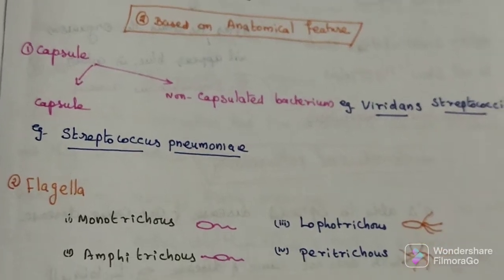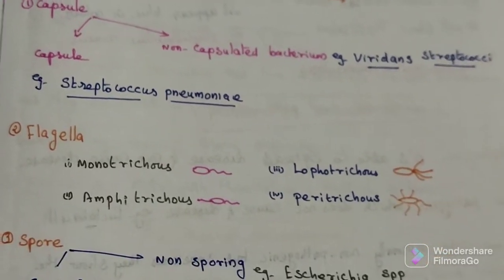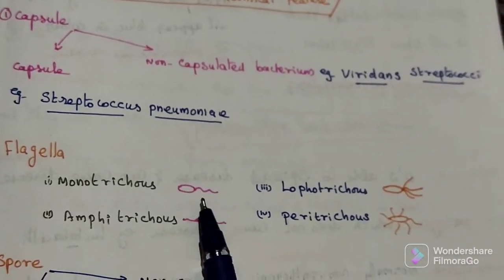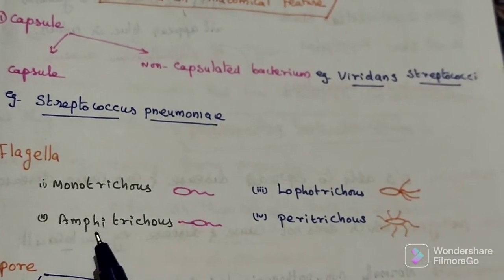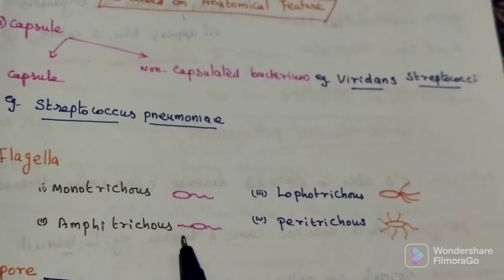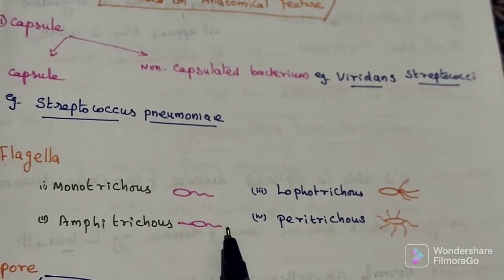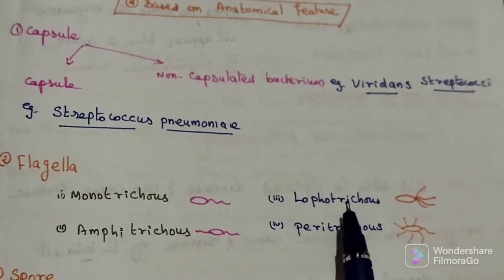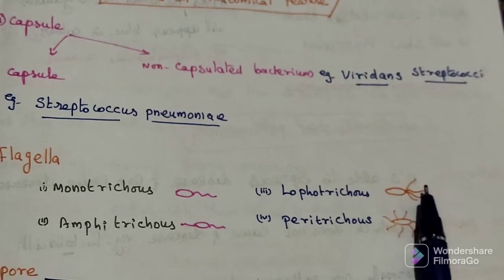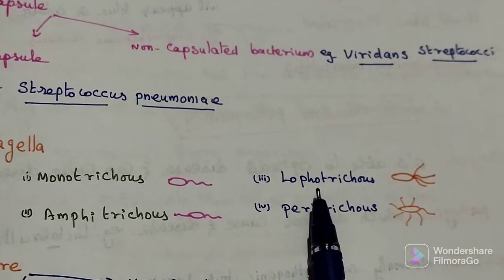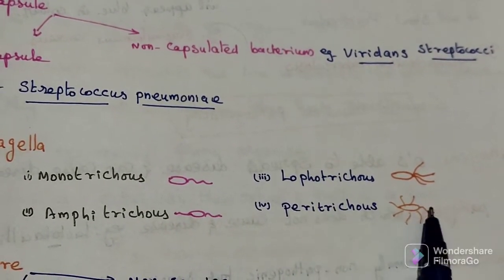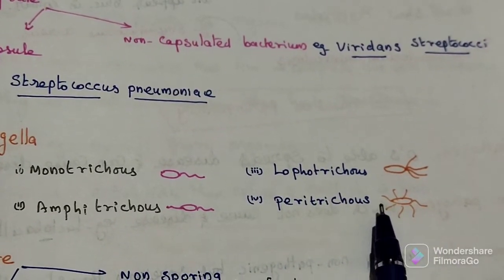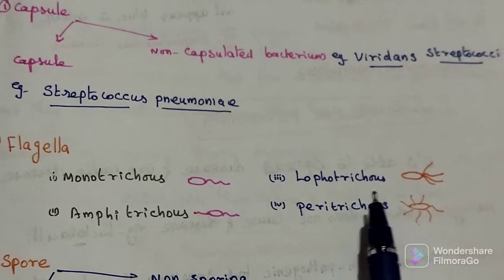Second category is based on flagella. A bacterium having only one flagellum is called monotrichous. Bacterium having a single flagellum at both ends is called amphitrichous. Bacterium having a bunch of flagella at one side is called lophotrichous. Bacterium having flagella all over the body is called peritrichous.